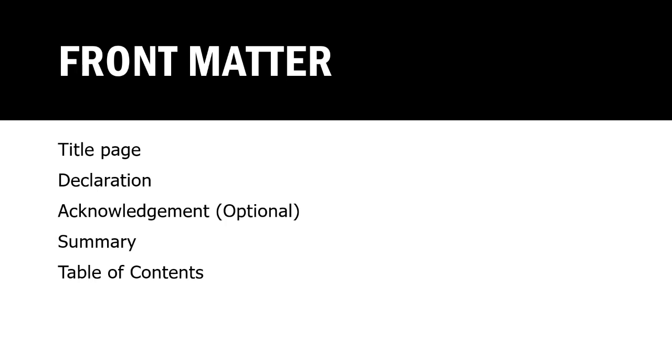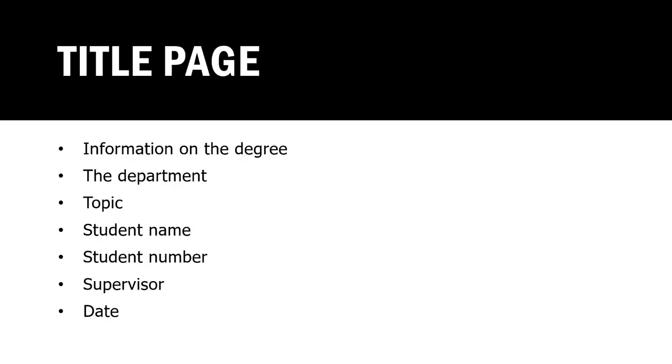All right, so just some tips in terms of your title page. The title page needs to have the information of the degree, the department, your topic, your student name, your student number, the supervisor, and the date. Those are the absolute necessities on a title page.